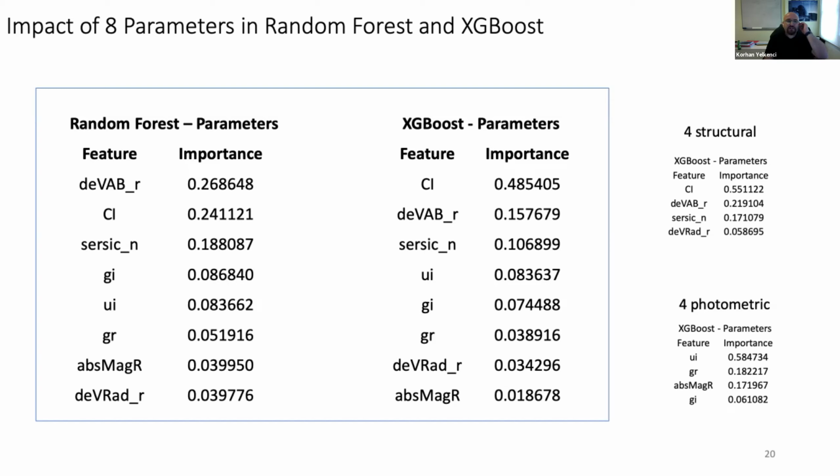And this feature selection importance, if we compare the impact of those 8 parameters, you can see here, for structural parameters the first, CI, is the best one for importance. For photometric features, the importance is the color indices, so U-I, 1.5, something like that.